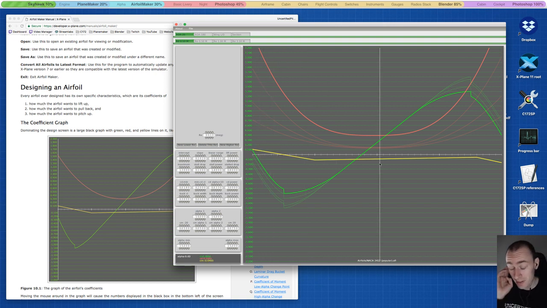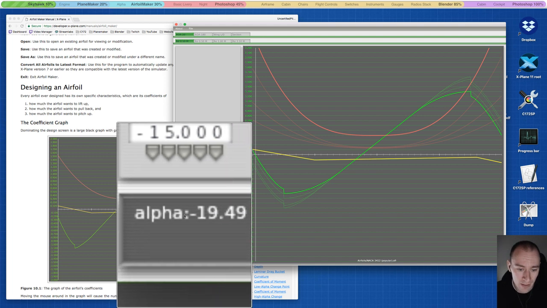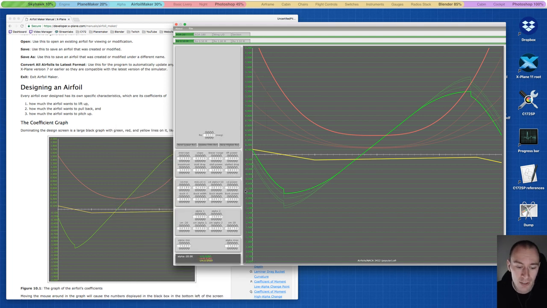The technical term there that I've also heard Rush mention many times during his test flights is alpha. There's an alpha and a beta angle. The alpha, you can also see here in the bottom, is the angle of attack. So when I go to the left here, we got a minus 20 degrees angle of attack. That's the relative angle of the chord of the wing to the relative wind direction.